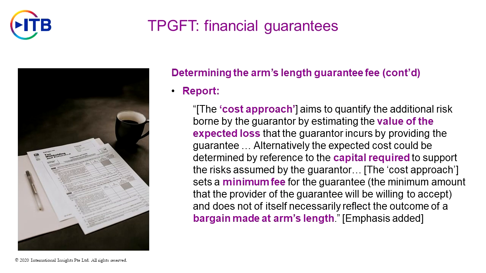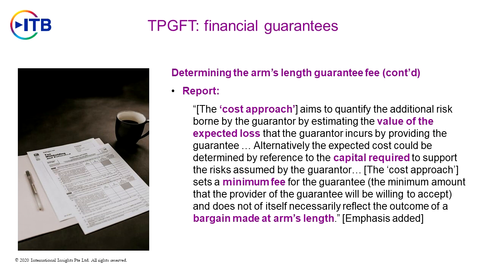Another alternative method is the cost approach, which aims to quantify the additional risk borne by the guarantor by estimating the value of the expected loss that the guarantor incurs by providing the guarantee. Alternatively, the expected cost could be determined by reference to the capital required to support the risks assumed by the guarantor.